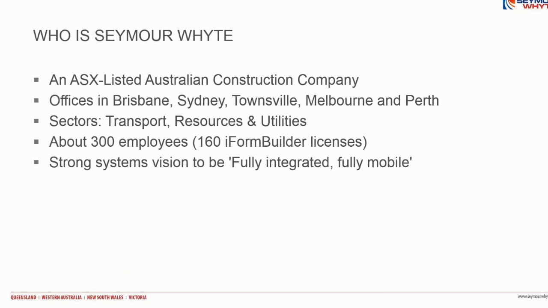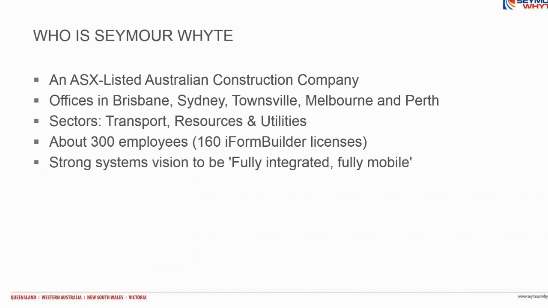So Seymour White is an ASX-listed Australian construction company. We're about 300 staff across the country. Plus, obviously, being in construction, there's a lot of contractors and subcontractors. So, as a size of an organisation in turnover, around about $300 million a year.